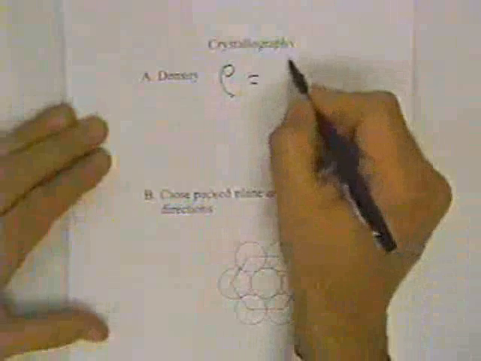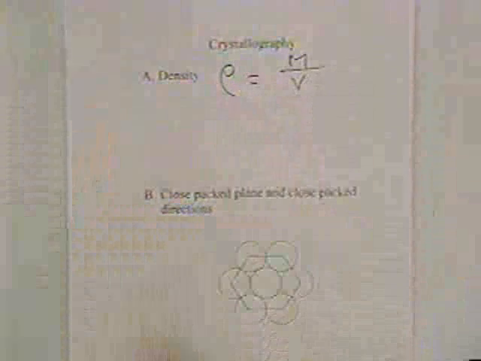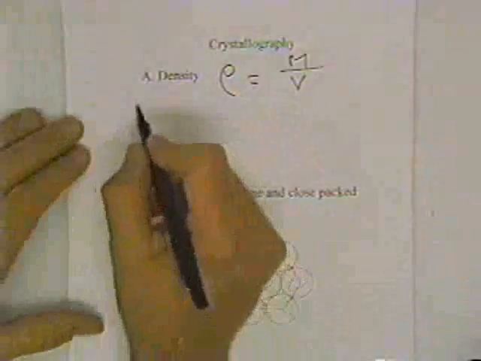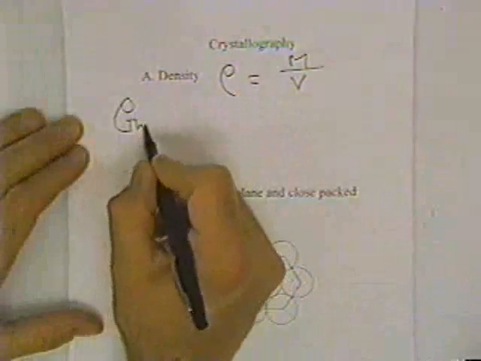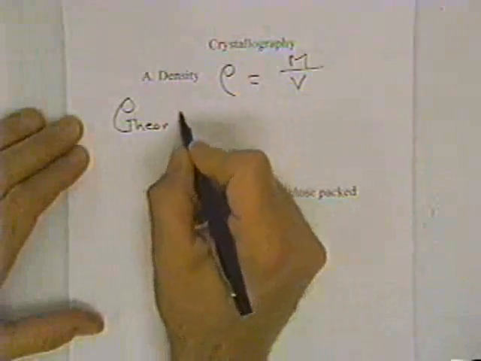Now we can actually calculate the density, using the unit cell and the atomic structure. We can calculate what the bulk density would be, and this is called the theoretical density. Density, rho, is equal to mass divided by the unit volume, and we'll call this theoretical density here.